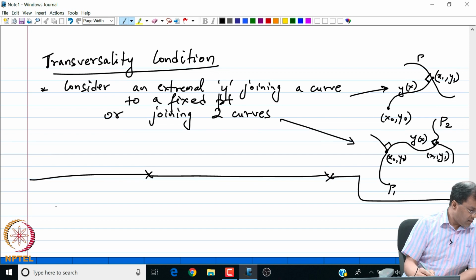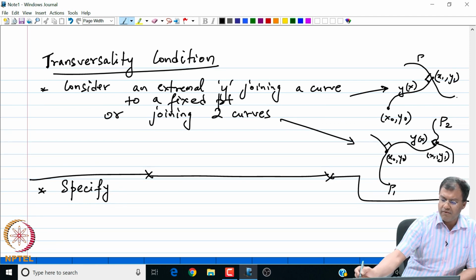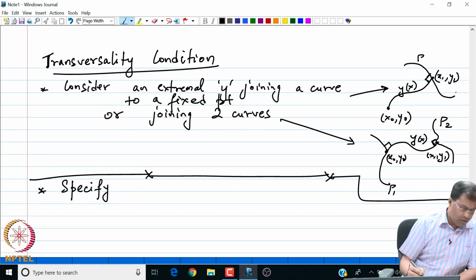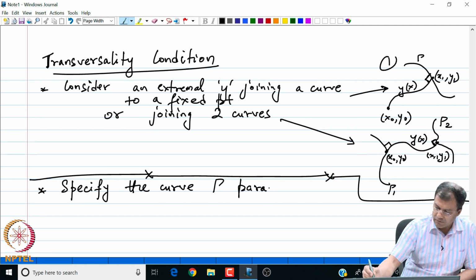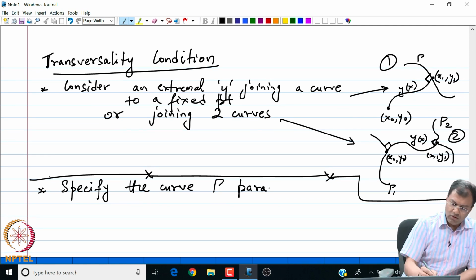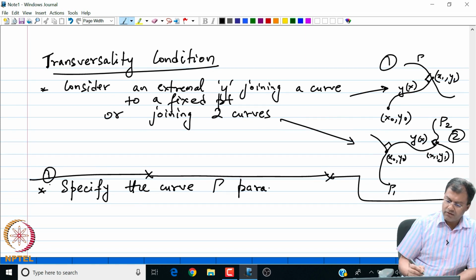What we do in this situation is we first let the curve be defined in the form of a parameter. So, we specify the curve gamma parametrically. I am talking about case 1 here.